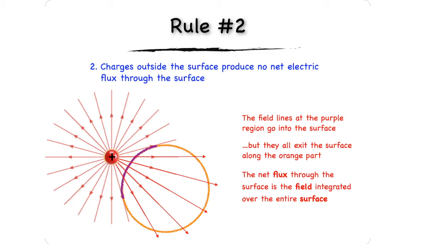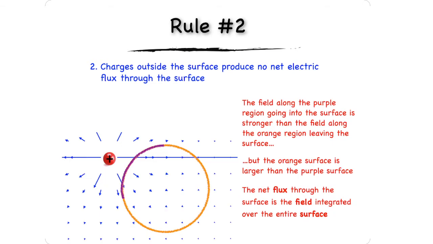We can see that the field lines that go in must also go out, but we can also think about the electric field, not the lines, but the electric field vector. And if I just plot the electric field at lots of different points, I can see that in this region here, the field vectors are bigger, they're longer. And out here, they're much smaller.